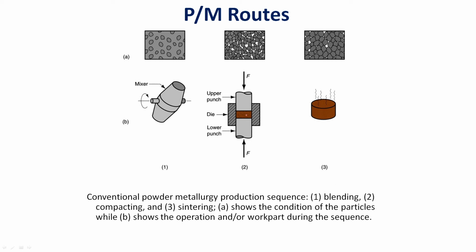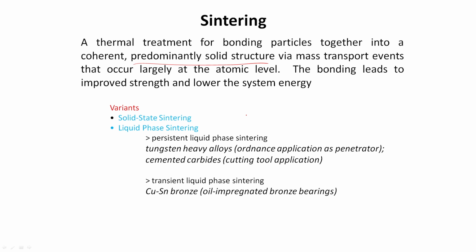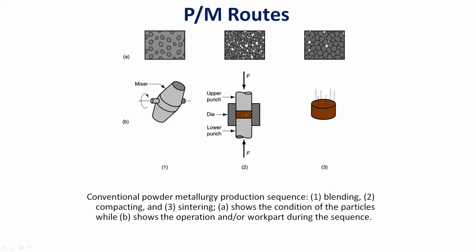Once you press, you deform them slightly or press the powders a little bit more, and that provides you a very nice compact, right. This green compact can then be handled easily, and is placed inside a furnace heated up to high temperature, and sintering is done. After sintering, you get a nice sintered pellet.